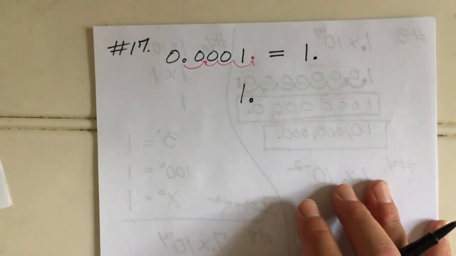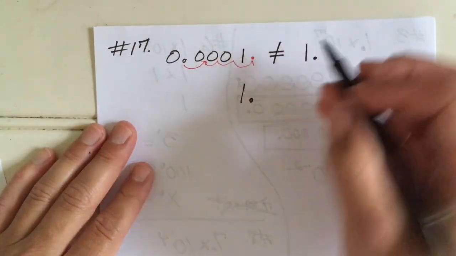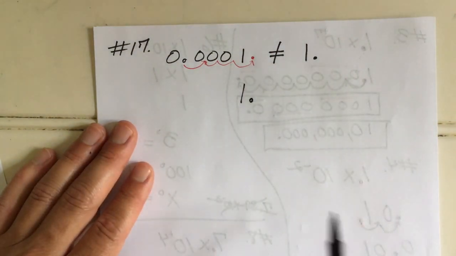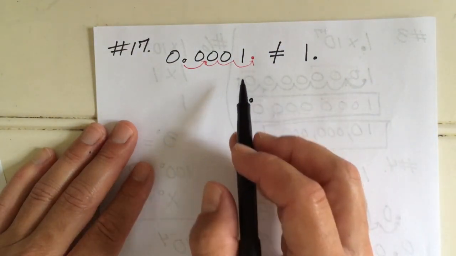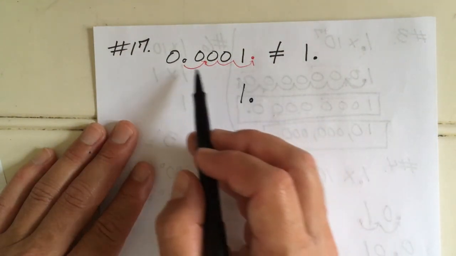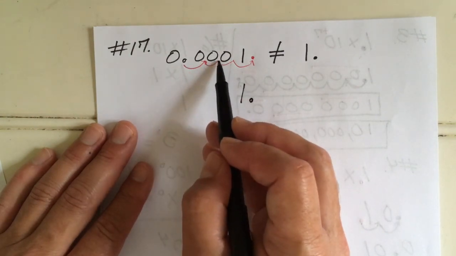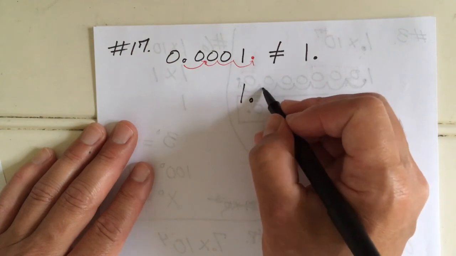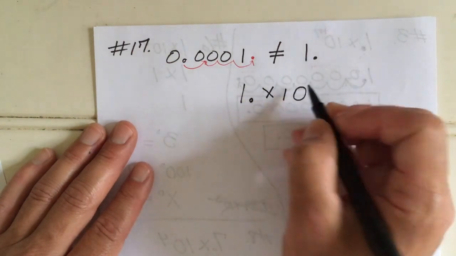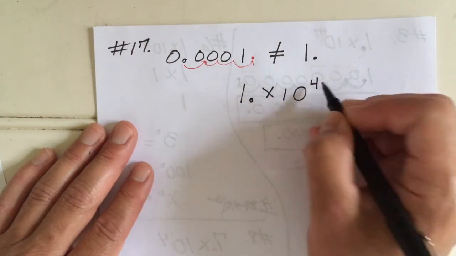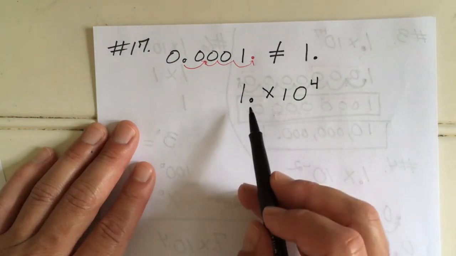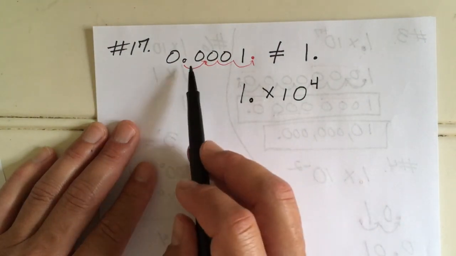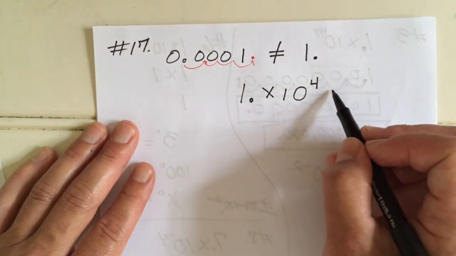So what does this equal? Well, I had to move it 1, 2, 3, 4 times, right? So it equals 1 times 10 to the 4th, but because it's actually a much smaller number, right?